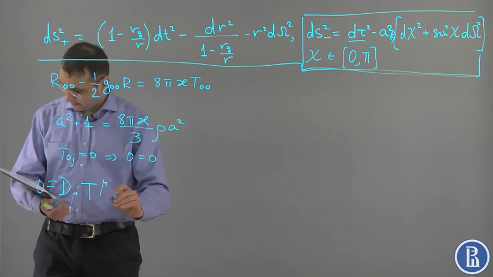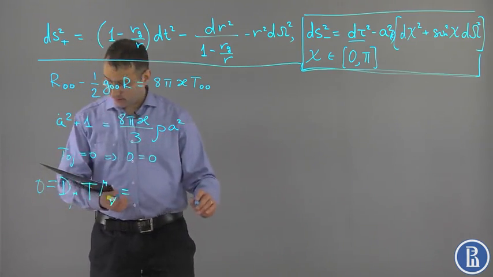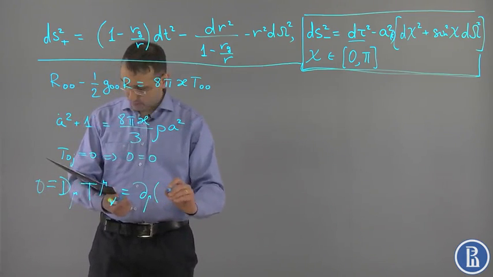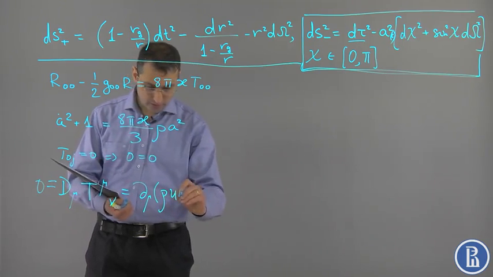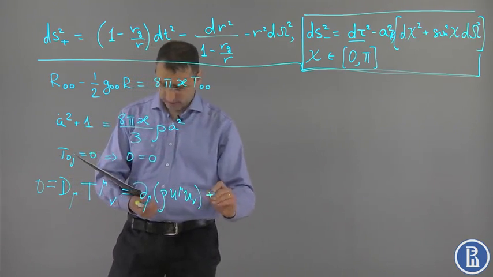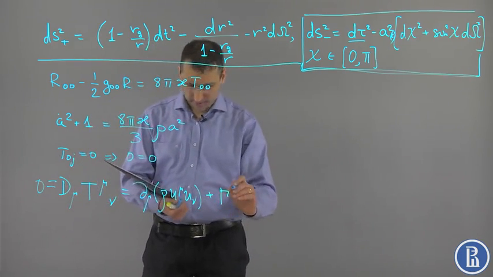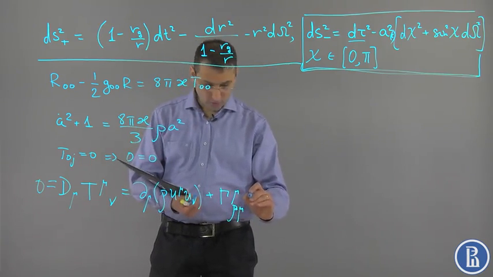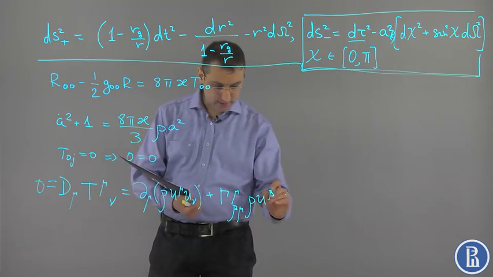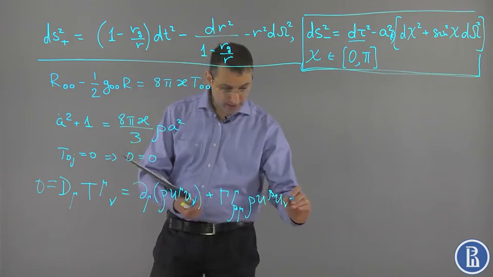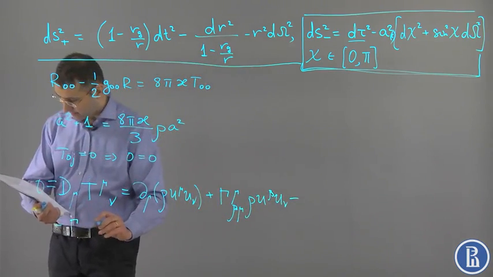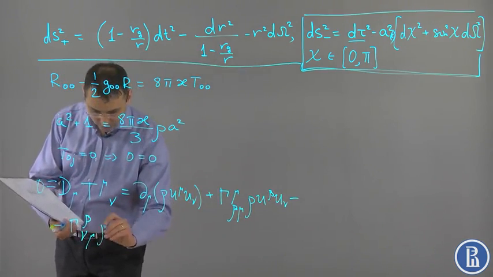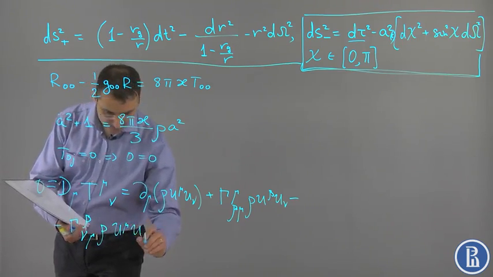In the present situation, for the metric tensor that we have, it has the following form: rho u mu u nu plus gamma mu beta mu rho u beta u nu minus gamma beta nu mu rho u mu u beta.